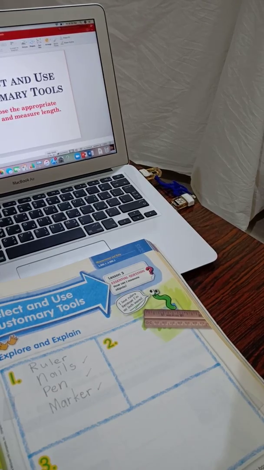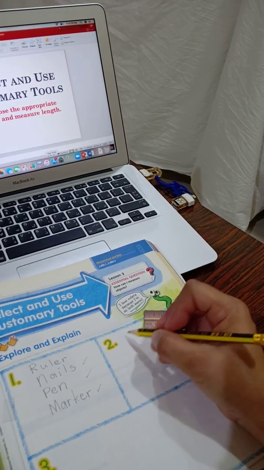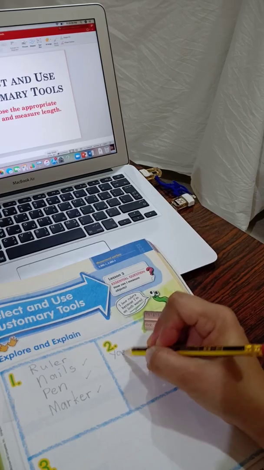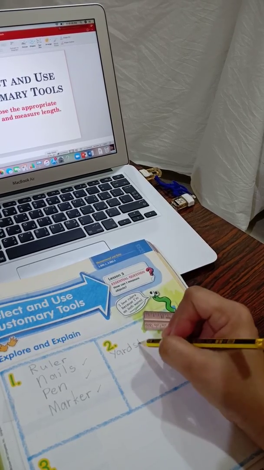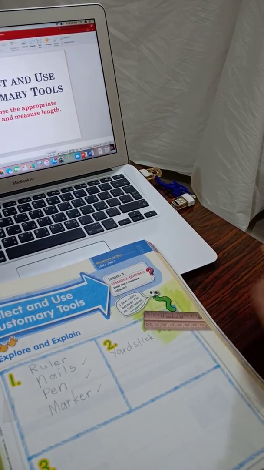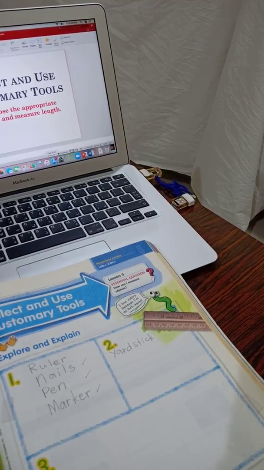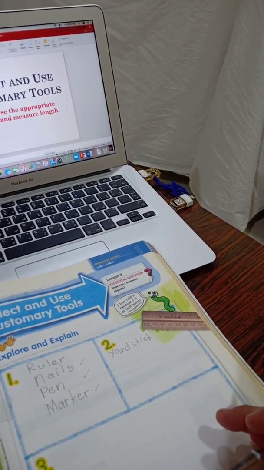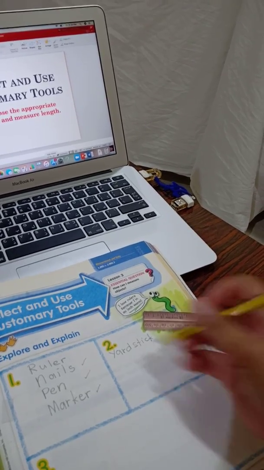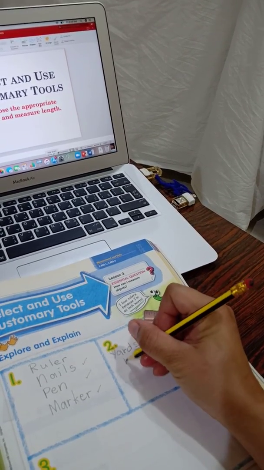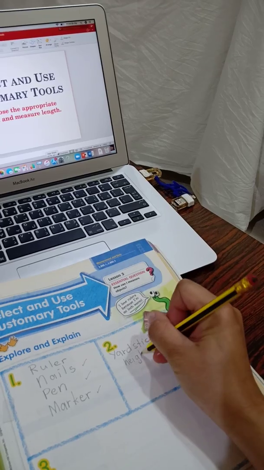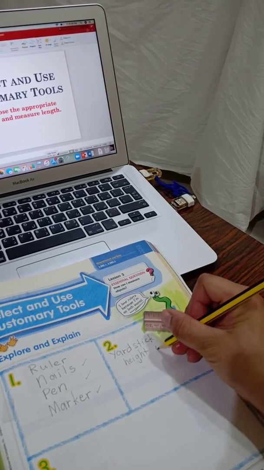Now, what are the things that can be measured using the yardstick? Can you give one? Very good. We can have the height of our table.